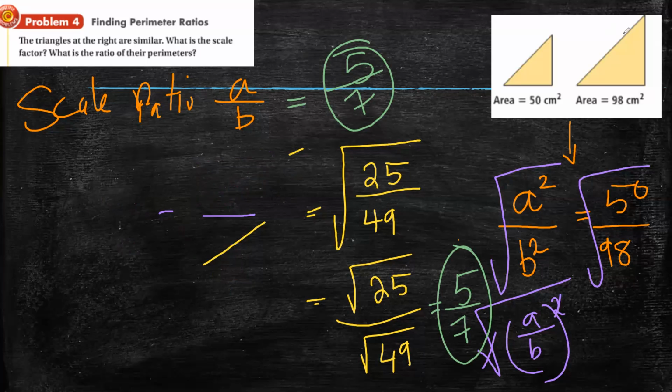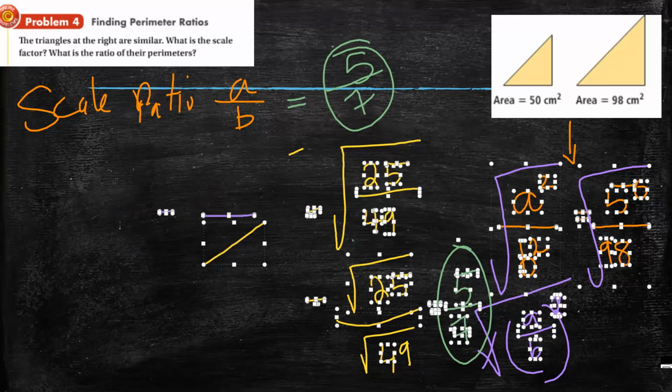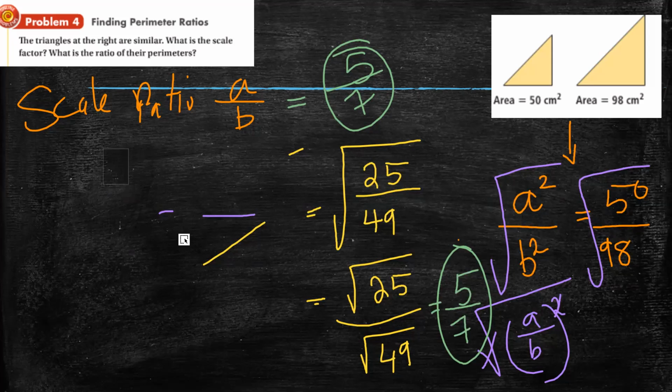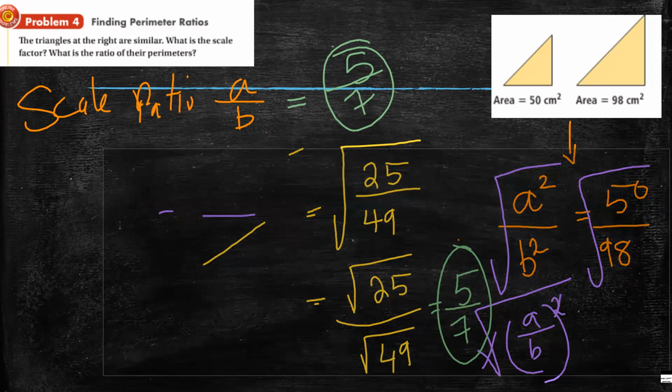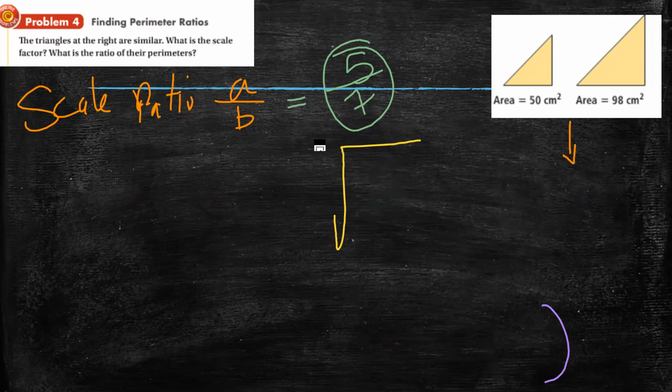Teacher, what if we make it 98 over 50? The scale ratio will be B to A. So it's okay? Yes. So now we found the scale ratio here.